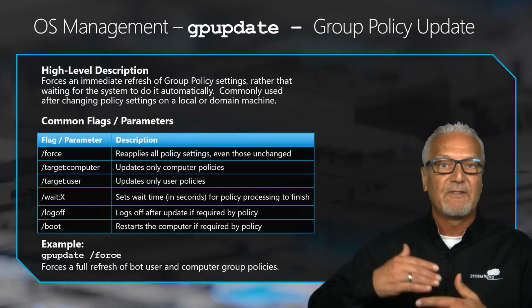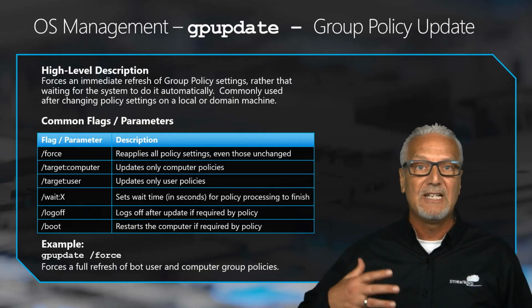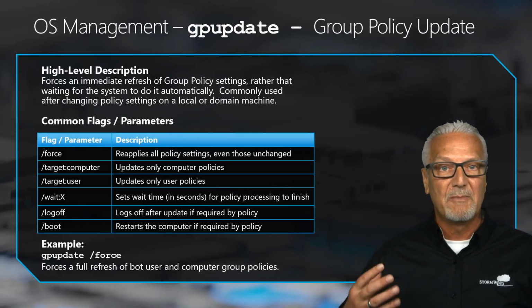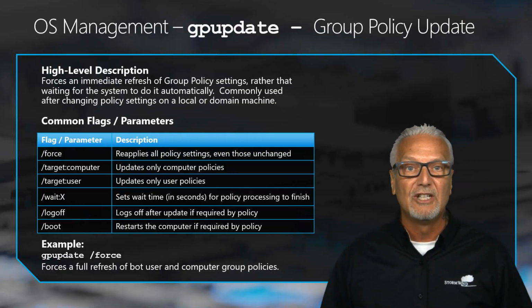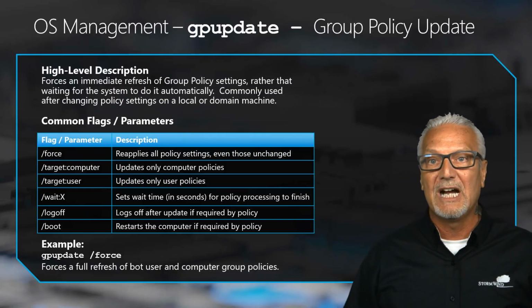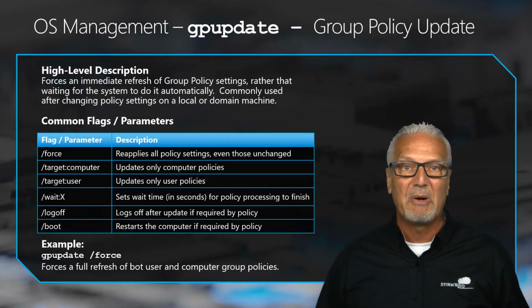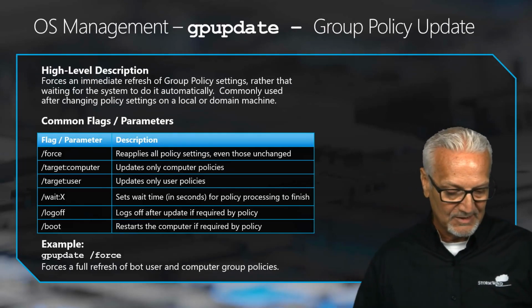And rather than wait for the next time that particular machine logs onto the domain or restarts, or wait for some events that cause it to refresh the group policy, they'll go through and do a GPUpdate with a force, and it will get the latest and greatest group policies. That's a very, very common thing to do.